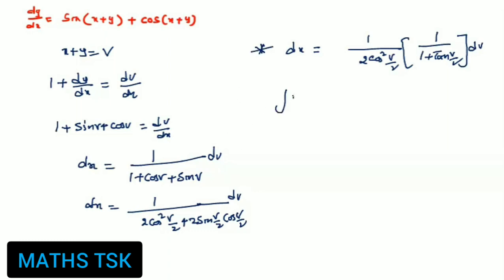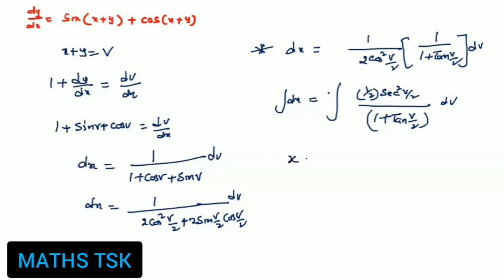Next, integrate on both sides. Integration of dx is equal to integration of 1 by 2 into secant square v by 2 by 1 plus tan v by 2 into dv. Derivative of this: 1 is 0, and the derivative of tan v by 2 is secant square v by 2 into 1 by 2. So this is the derivative of the denominator.